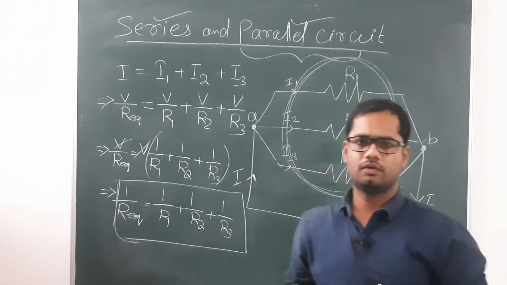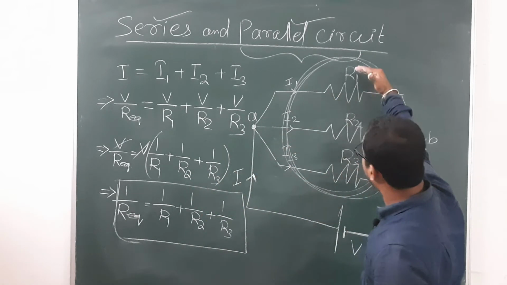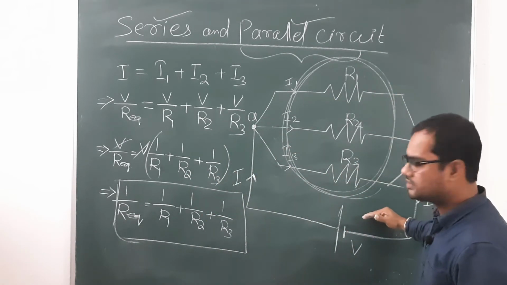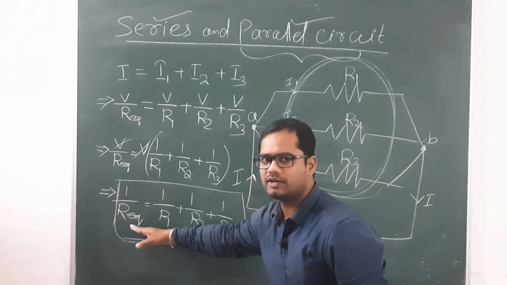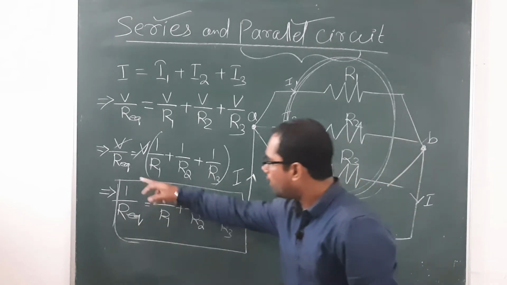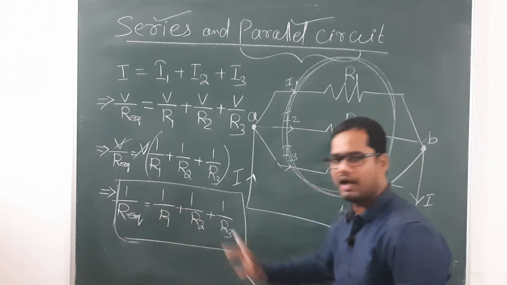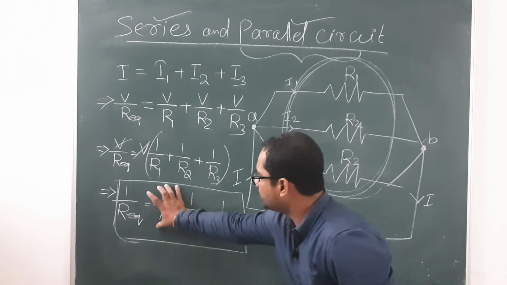Simple thing. So for your parallel operation, if a number of resistances are there, we want to find out the R equivalent. From the formula we got that 1 by R equivalent equals 1 by R1 plus 1 by R2 plus 1 by R3. So you have to solve this one.